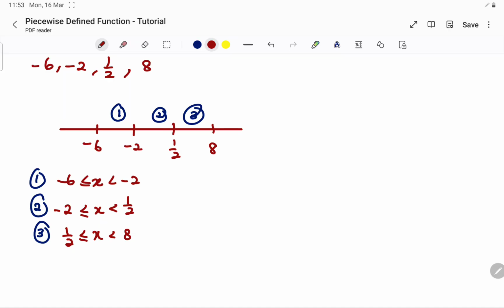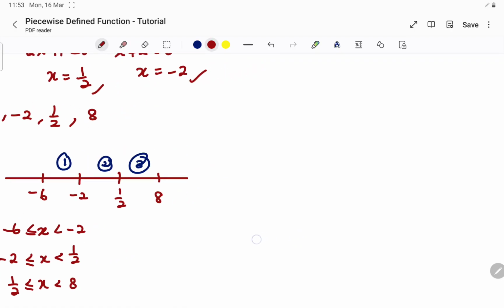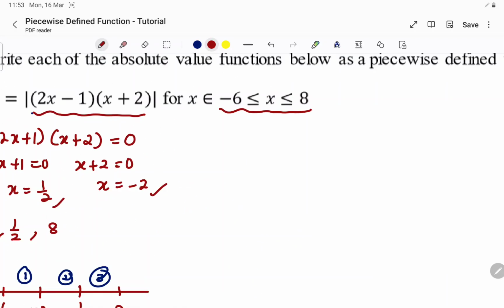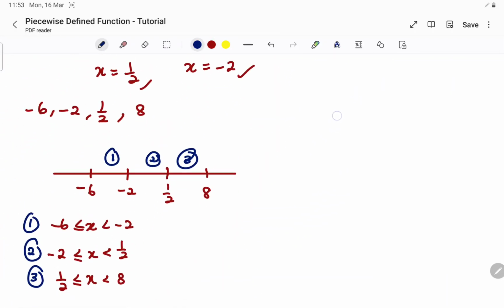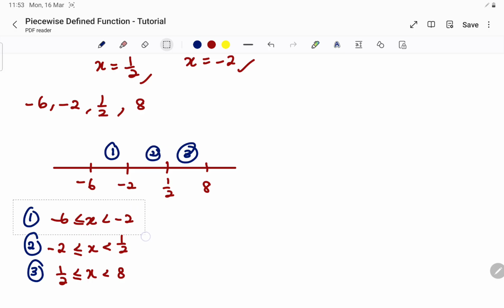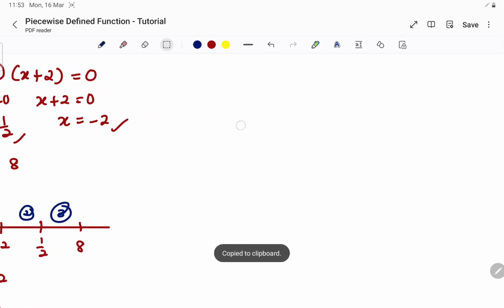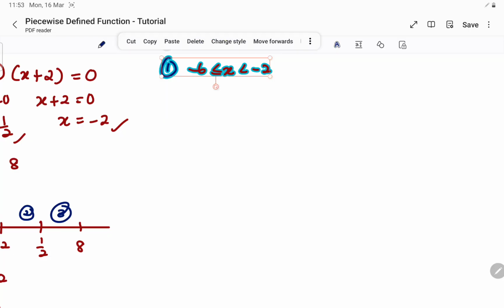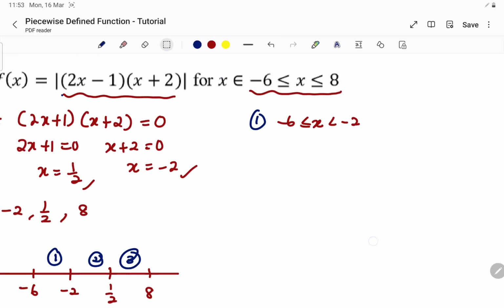Okay, so by right, what we can do is for the first region, we actually have this guy. This is the first one. So what you can do, you will substitute inside this expression. You just take any value, negative 6 until negative 2.